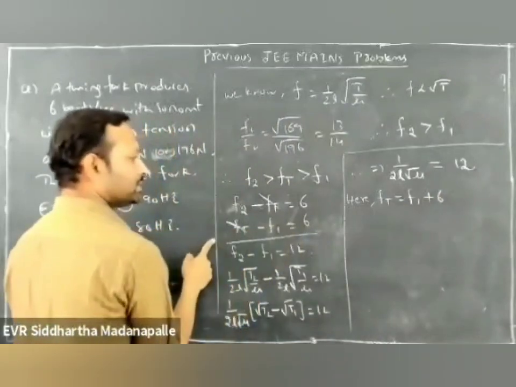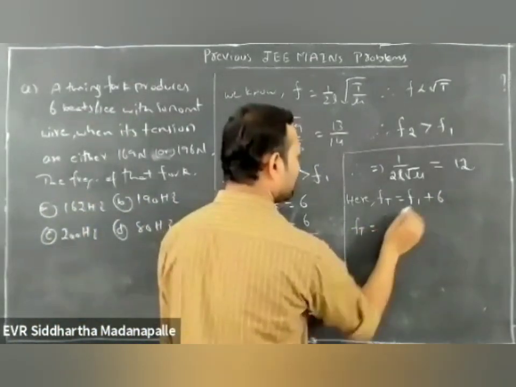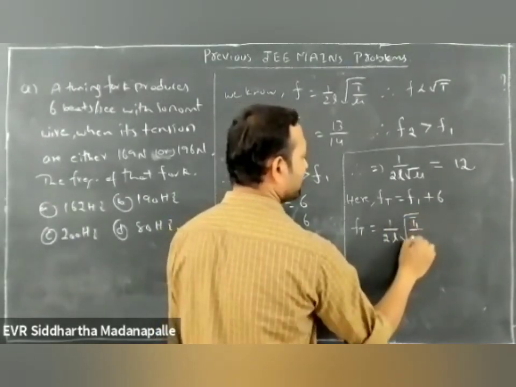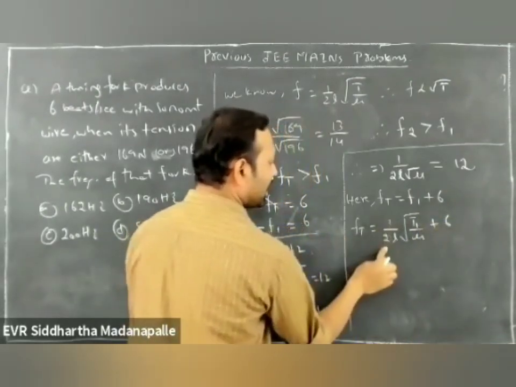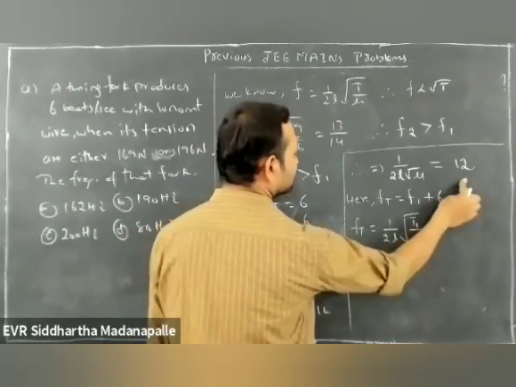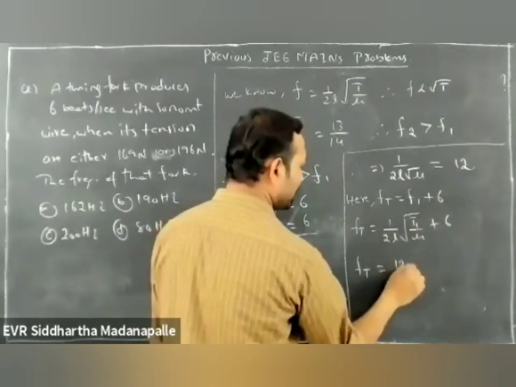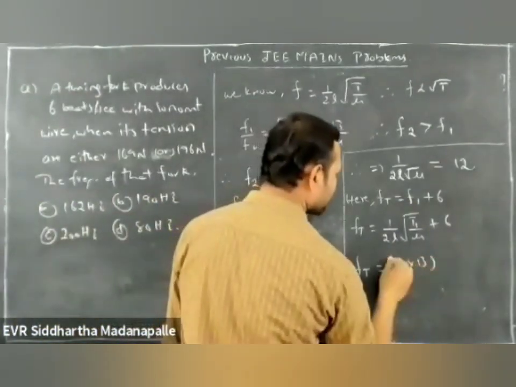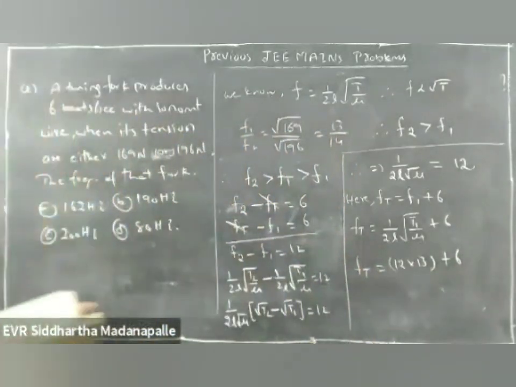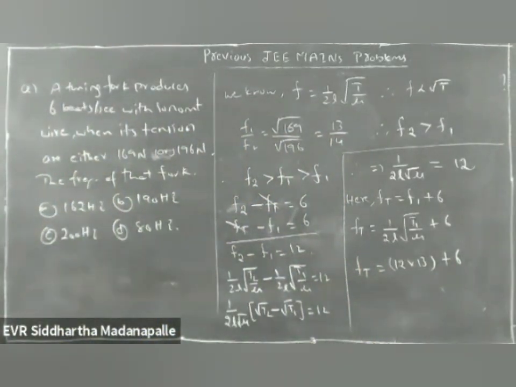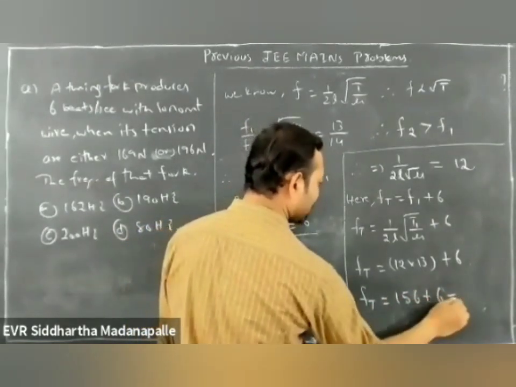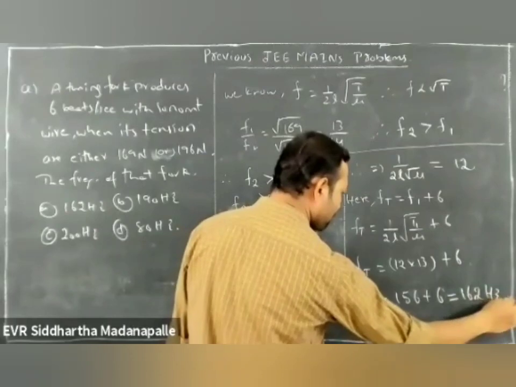So Ft is equal to F1, which is 1 by 2L root of T1 by mu, plus 6. 1 by 2L root mu value is 12. So Ft is equal to 12 into root T1, root 169 is 13, plus 6. 12 into 13 is 156. So Ft is equal to 156 plus 6, which is equal to 162 Hz.